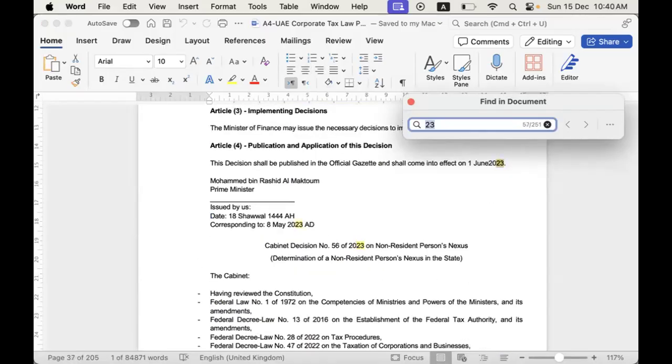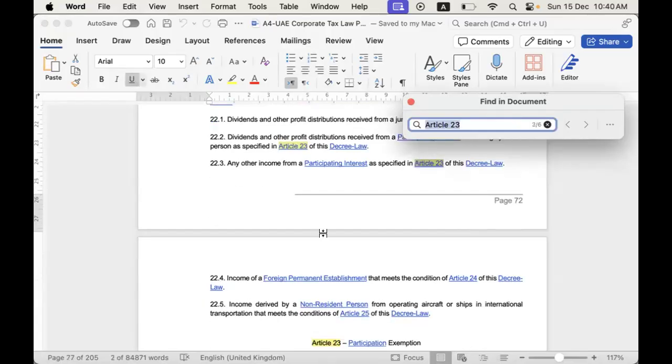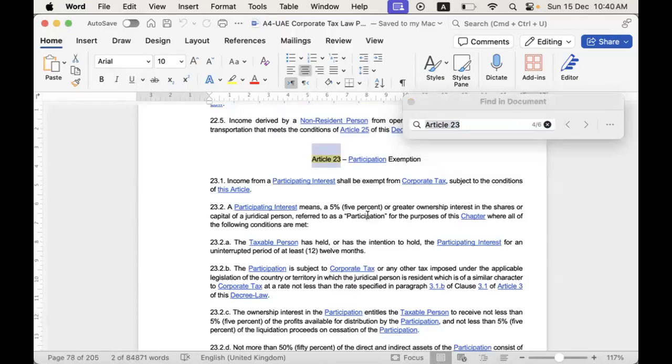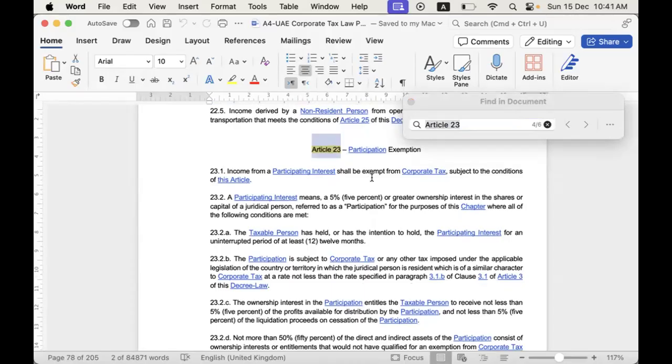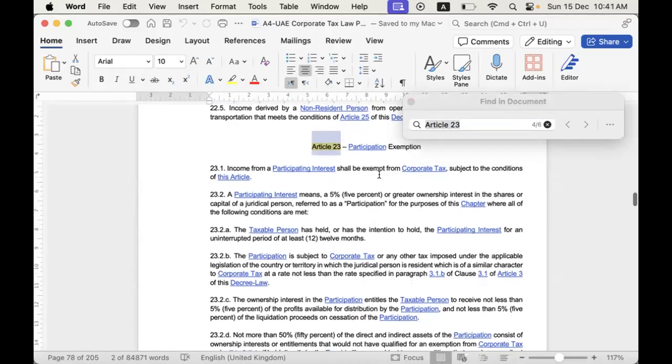This will be there. Let me just write Article 23. There you go. Look, Haya, this is what we are studying, Article 23, which is on participation exemption.